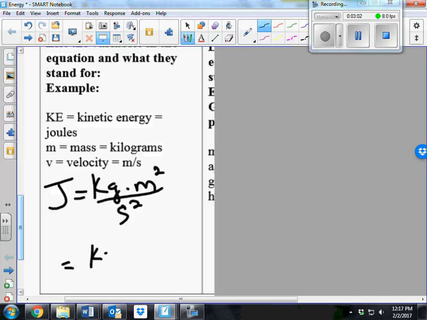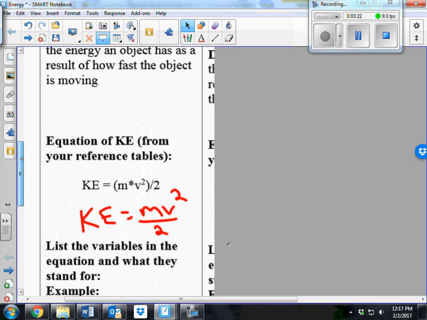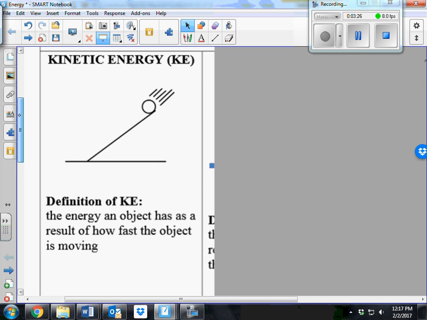Mass is measured in kilograms, and velocity is meters per second, but it's all squared. So what does that turn into? It turns into kilograms times meters squared over second squared. So it turns into the exact same thing that I was talking about with gravitational potential energy, as well as the units I'm showing at the top.